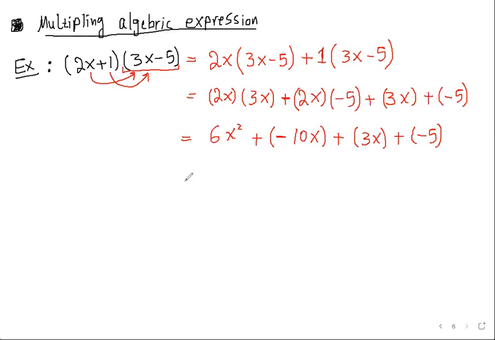Okay, and this is equal. Now combining like terms. So what is that equal? 6x squared, minus 10 plus 3 is minus 7x. And we keep this alone, minus 5.